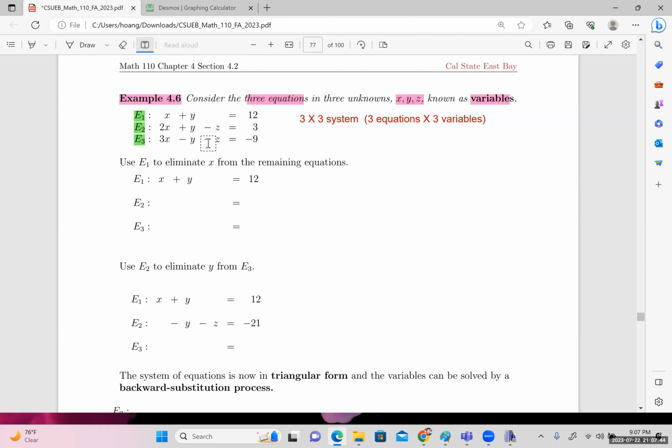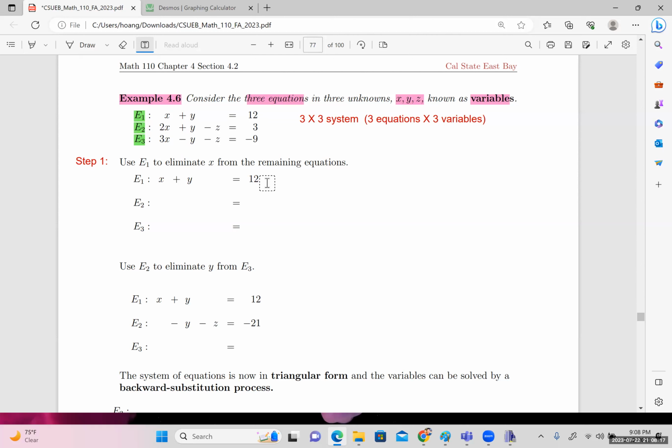Okay, so let's use equation 1 to eliminate x from the remaining equations. So I'm gonna say this is step 1. So how to do that? Equation 1 was x plus y equal 12 here.